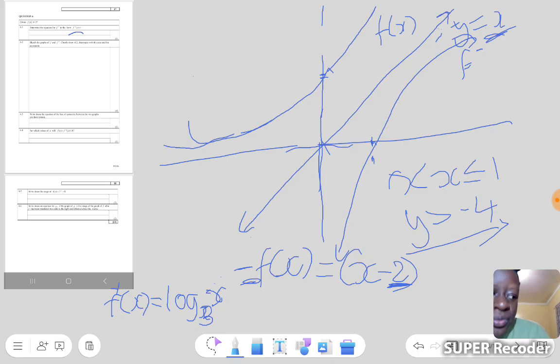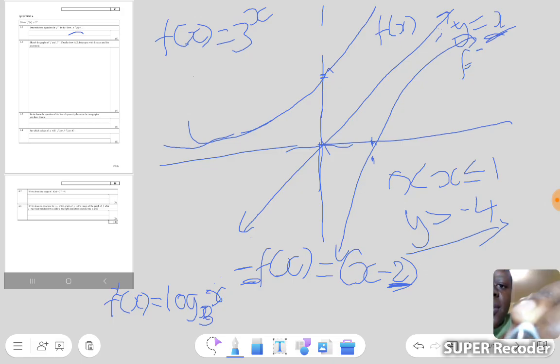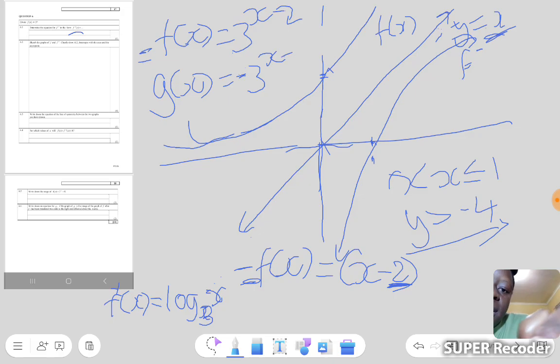Our f of x is equal to 3 to the power x, and it has shifted. So our g of x would be equal to 3 to the power negative x minus 2, like this.